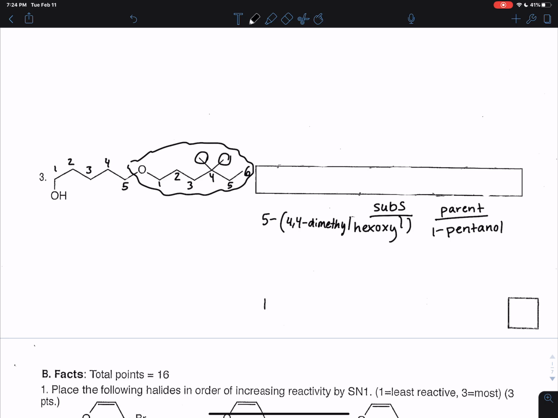Do we have to pay attention to any stereochemistry? No, perfect. So we can go ahead and write this in our box. It looks like I put an L right there.